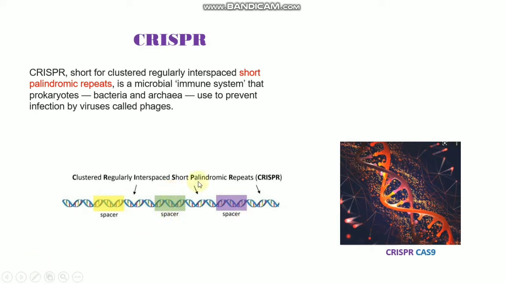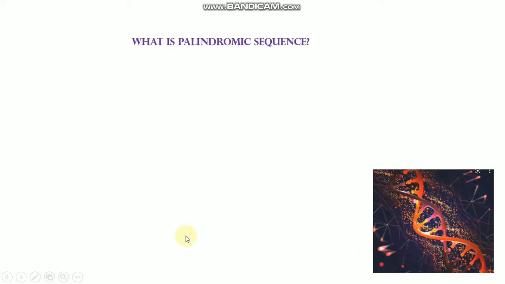Now you might have a question: what are palindromic repeats? Let's have a look at what a palindromic sequence is. A palindromic sequence is a sequence of letters that reads the same left to right and right to left. For example, the sentence "never odd or even" reads the same from right or from left.